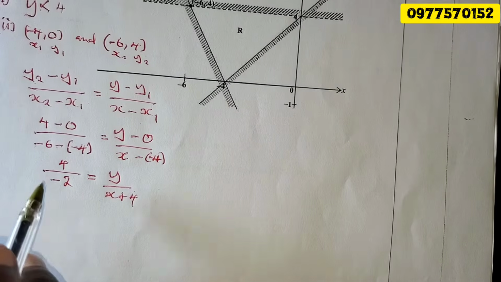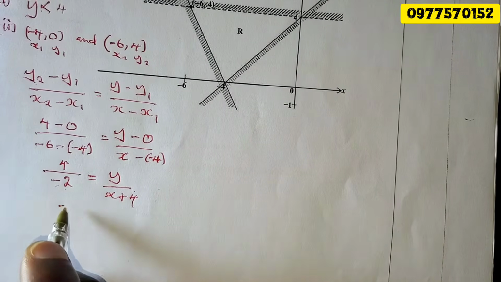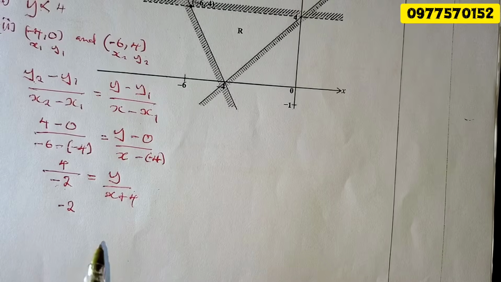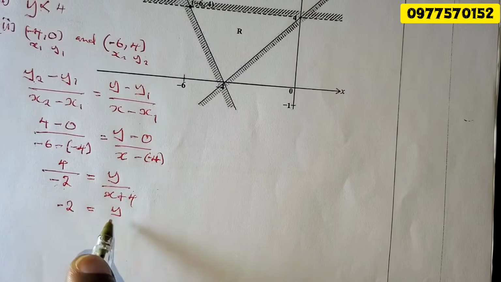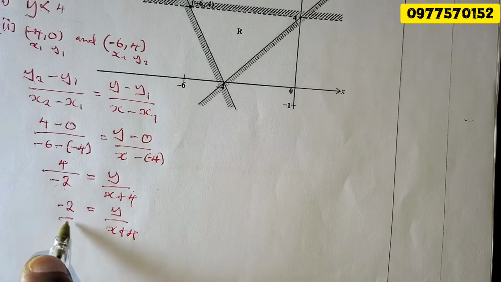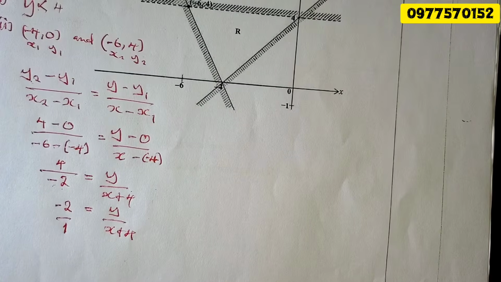Now, if you notice here, -2 can go into 4. -2 into 4 is -2. Okay? -2 is equal to y over x plus 4. Then we're going to cross multiply, so we're going to write this one over 1. Then we cross multiply.